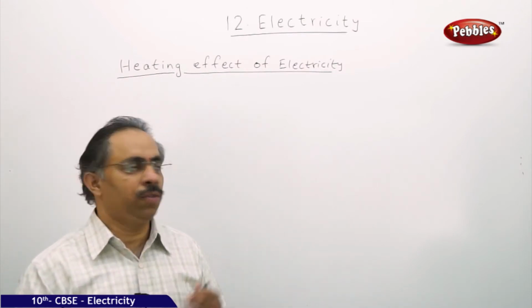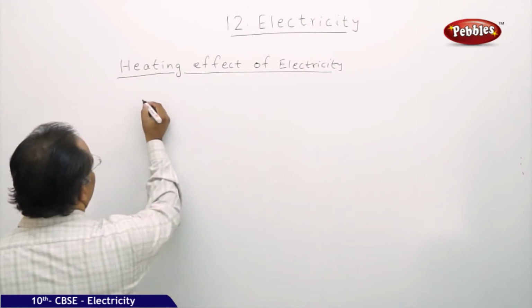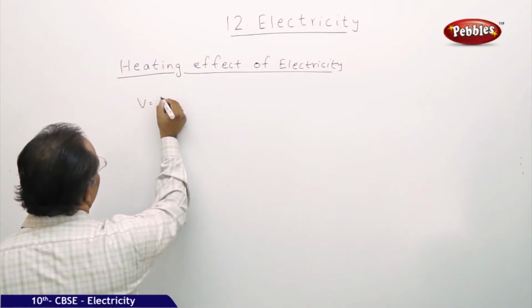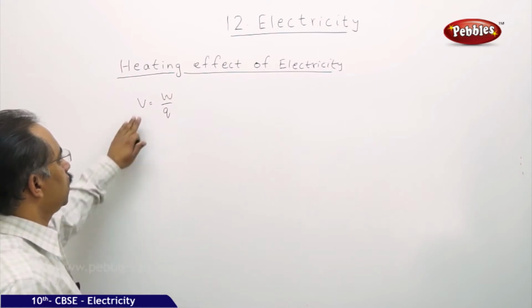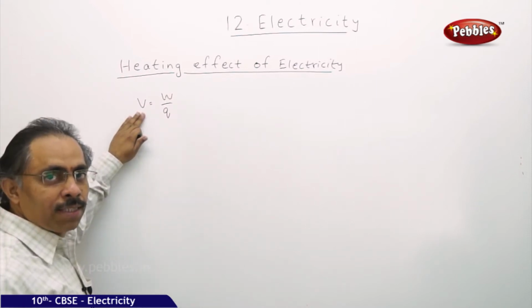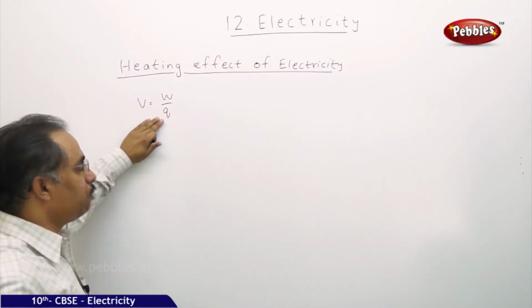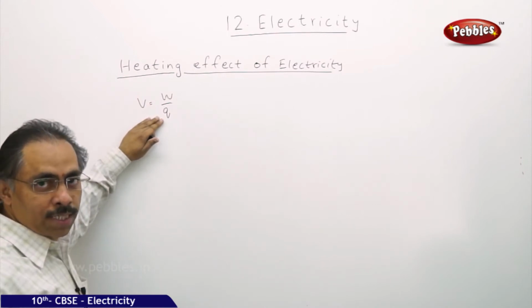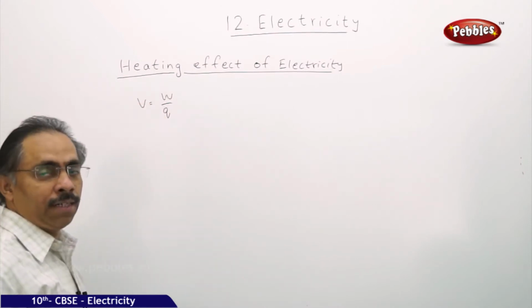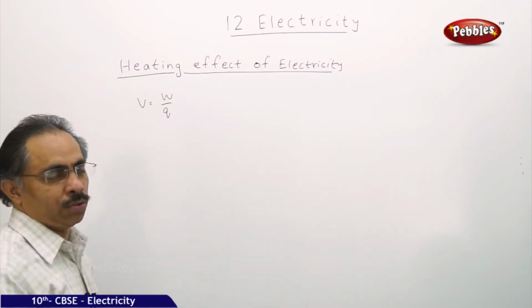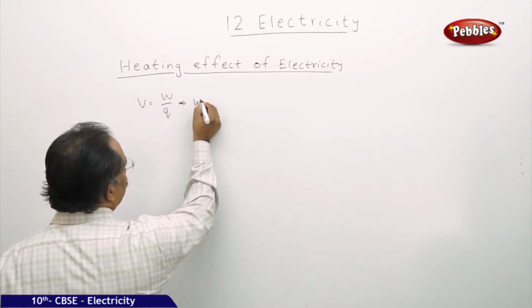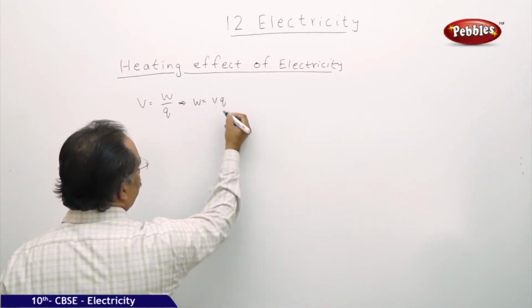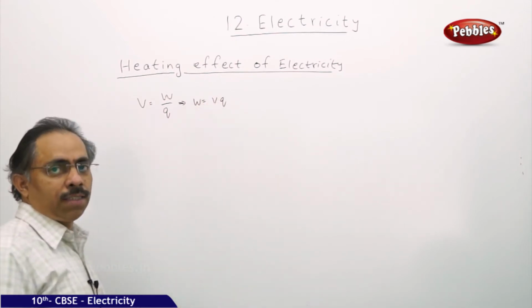So V is equal to W by Q, where V is the potential drop across the ends of the resistor, Q is the charge flowing through the resistor, and W is the work done in doing so. So I can write W is equal to V into Q.